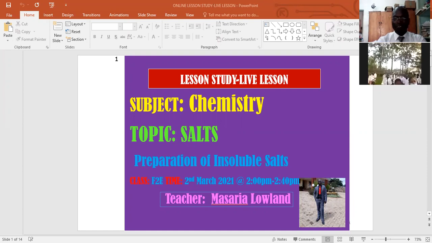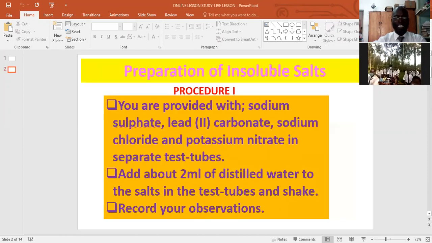Let me just move to the next slide. The next slide, you can see we have preparation of insoluble salts, where we have some procedure 1. I want to engage the boys and girls of Form 2 East into some activity so that they can straight away start implementing the activity.